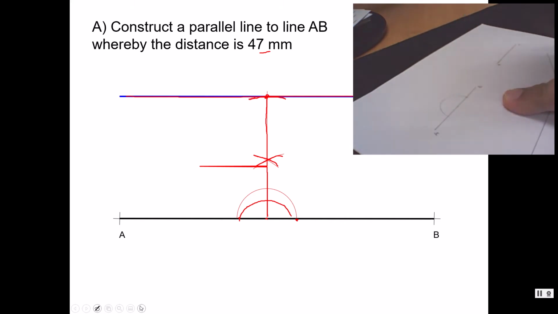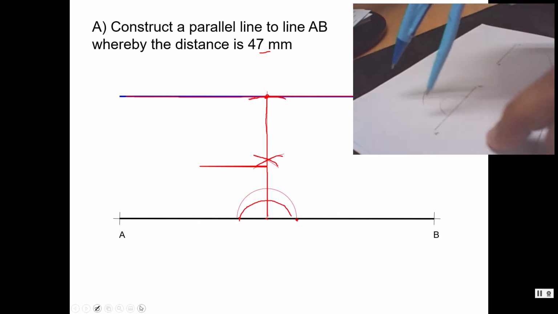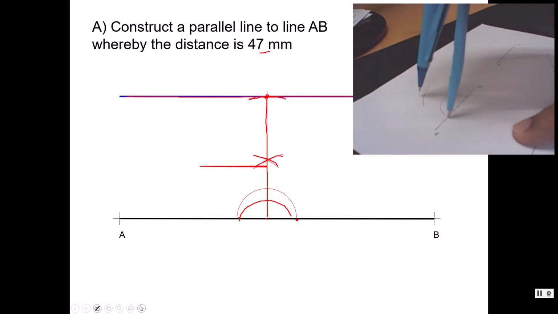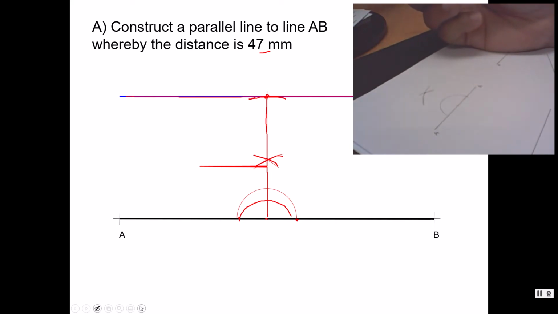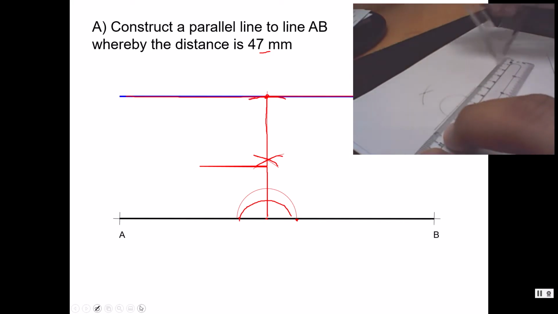Okay, so by using the compass from this point touching the AB line, I'm going to draw one circle, and then from the other side, from this point, I'm going to draw another circle. Okay, so you're going to get this point, which is the point where the perpendicular line can be drawn.